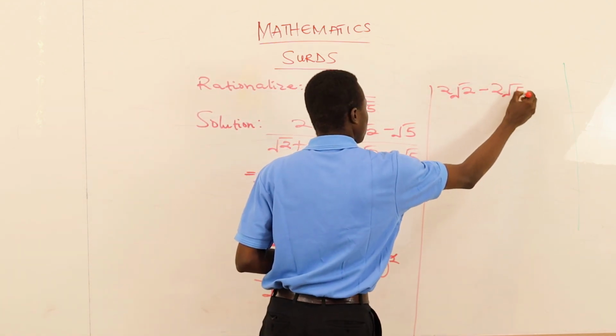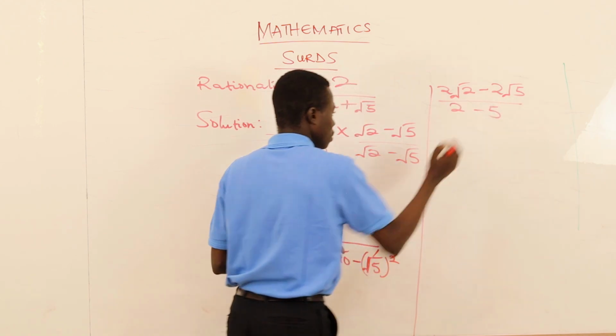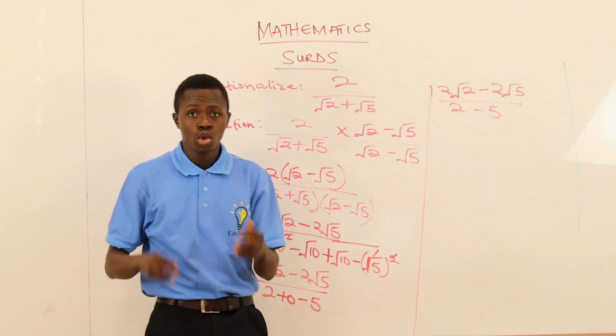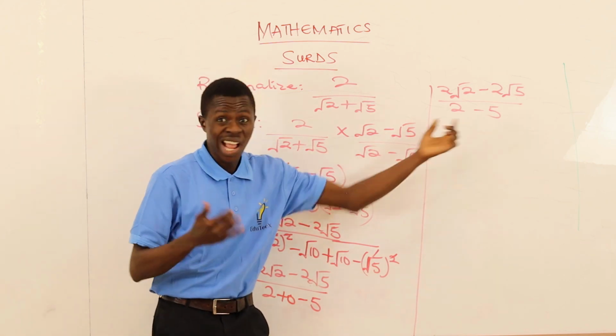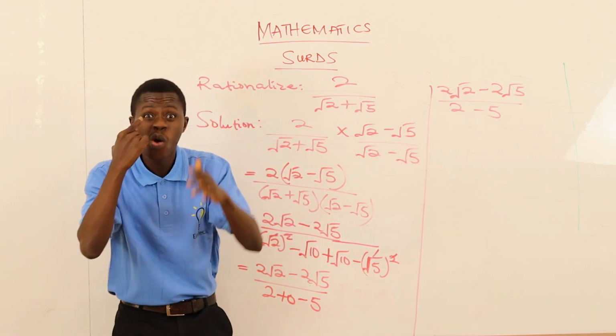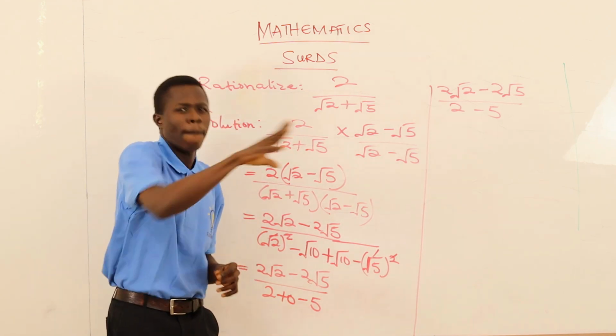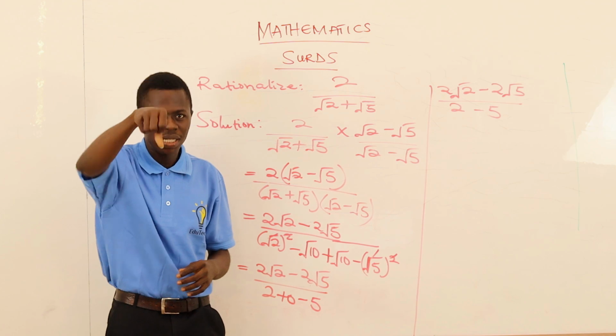Then we are going to have 2 square root of 2 minus 2 square root of 5 all divided by 2 minus 5. We have 2 minus 5 in our denominator. Do you see the square root signs again?